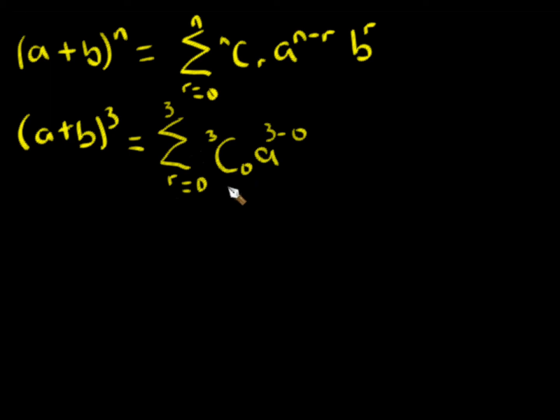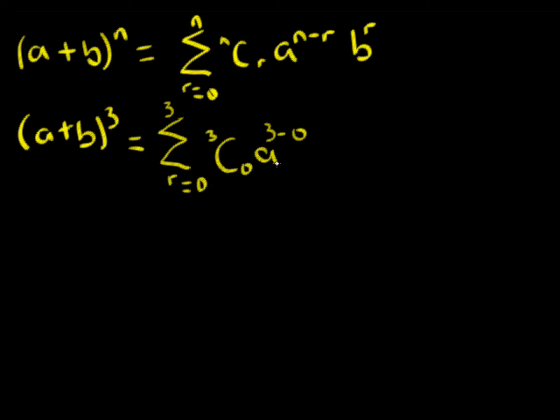Wherever we see n in the formula, we substitute 3, and we keep on increasing the values of r till we get to 3. In this part of the formula, we have n minus r, so it's going to be 3 minus 0.